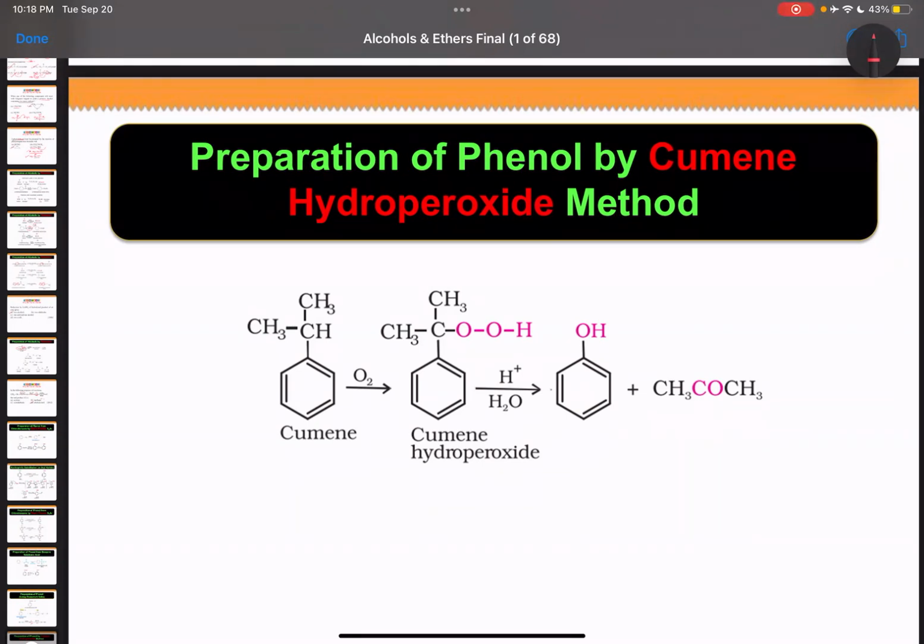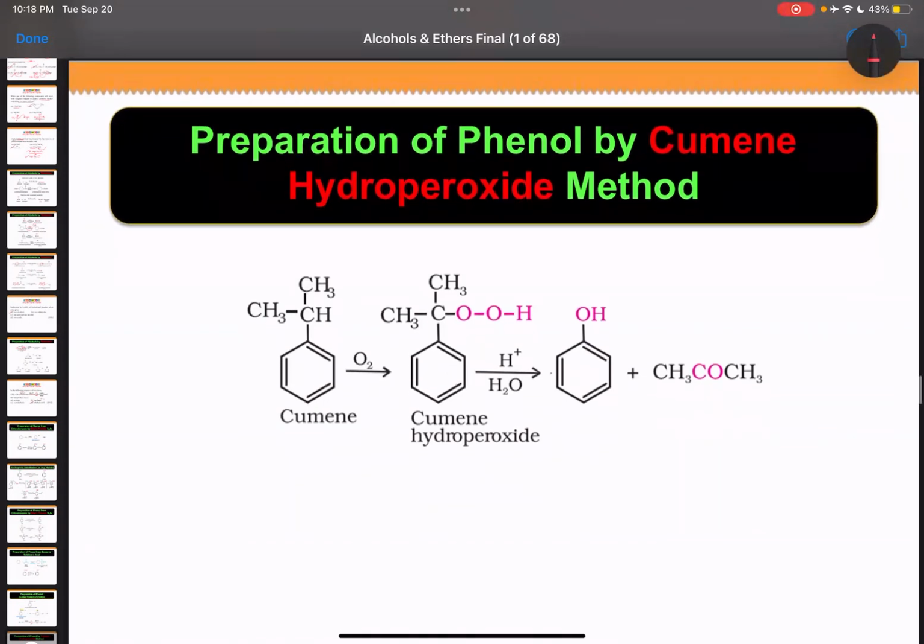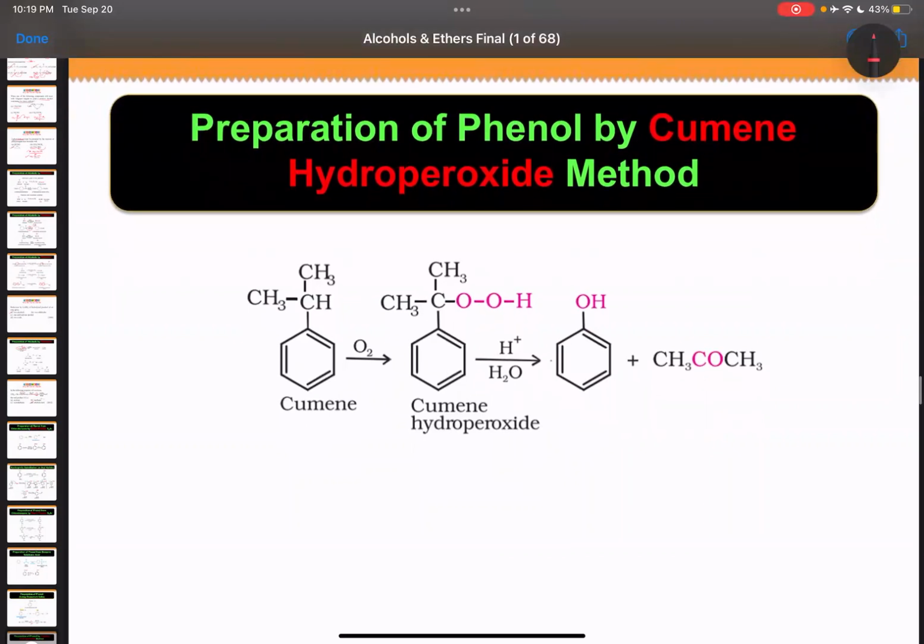In benzene, always remember electrophilic aromatic substitution. So if you have this, how are you going to end up with the cumene? Tell me.